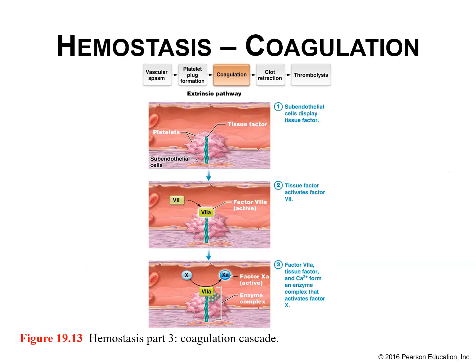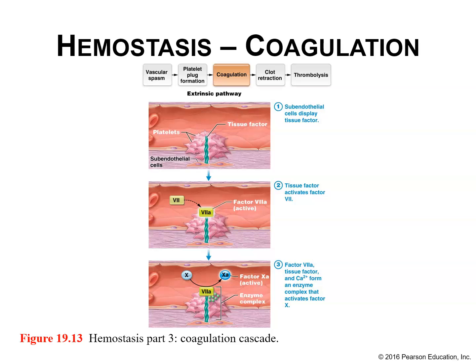So first, your subendothelial cells display tissue factor, as you can see here. These are your subendothelial cells. Here's your vessel. Then the tissue factor activates factor 7.